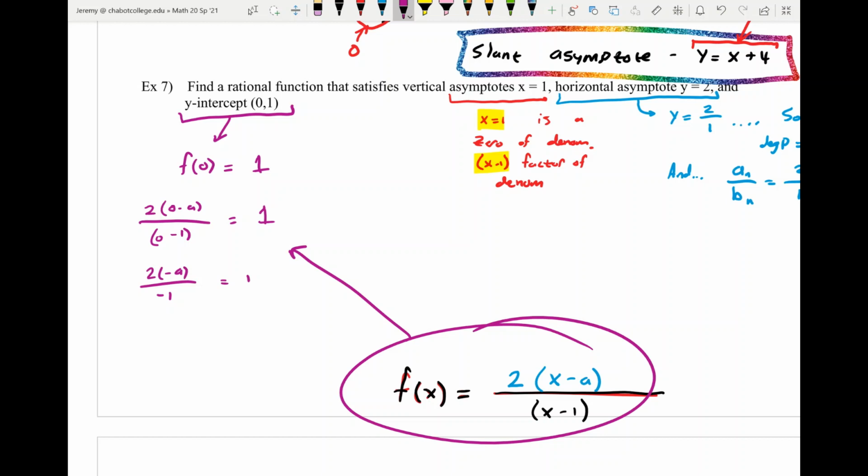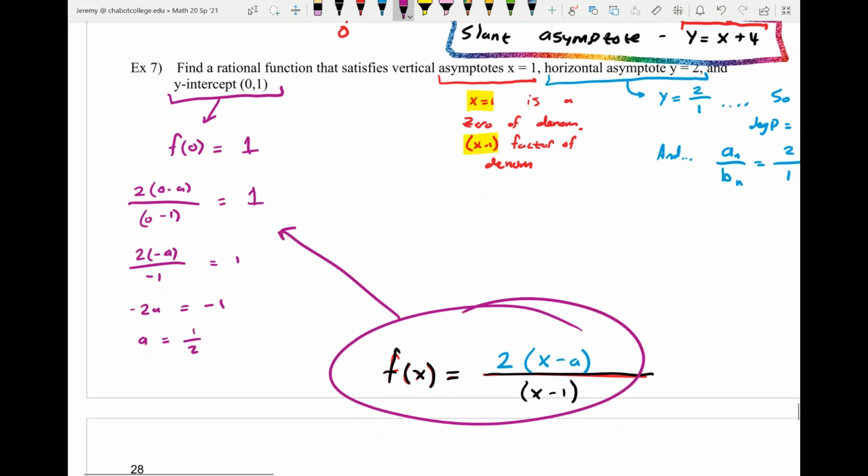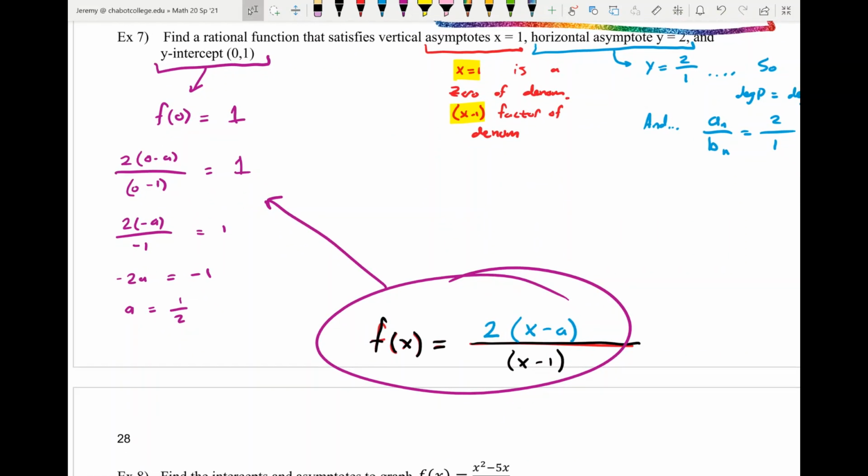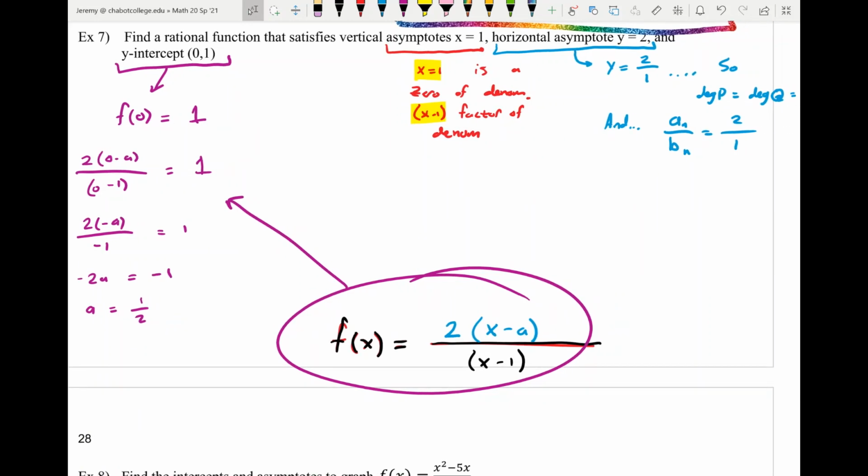So, I can simplify here. So negative 2a is equal to, I'm going to multiply both sides by negative 1, and then divide by negative 2, and I get a is equal to 1/2. Okay, cool.